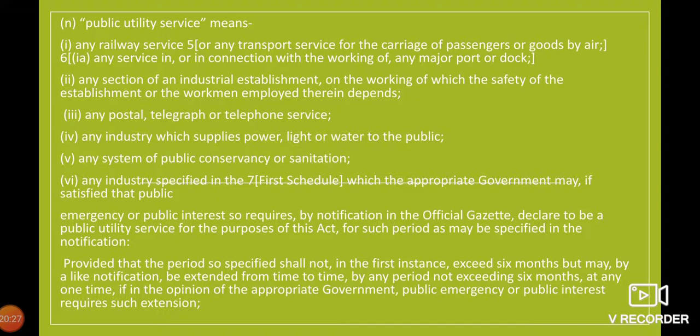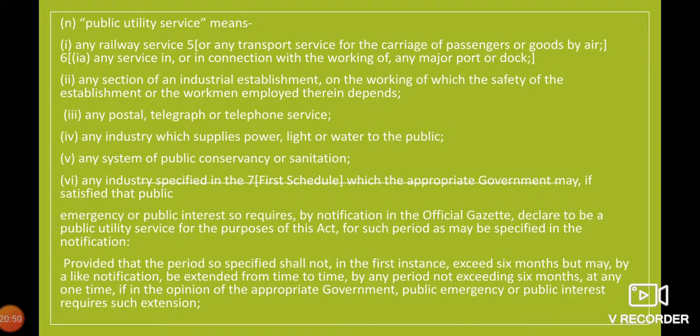Also any postal, telegraph, or telephone service, and any industry which supplies power, light, or water to the public will be a public utility service. And under section 2 clause N subclause 5, any system of conveyance and sanitation will also be deemed a public utility service.